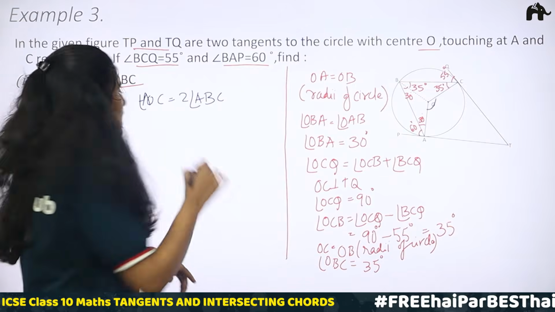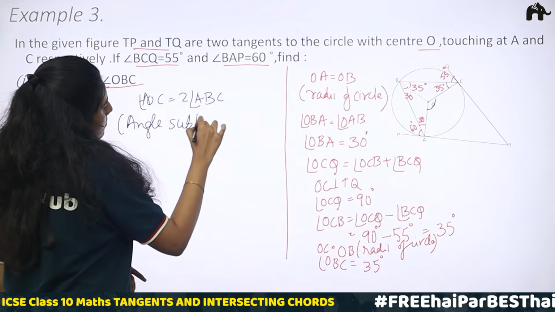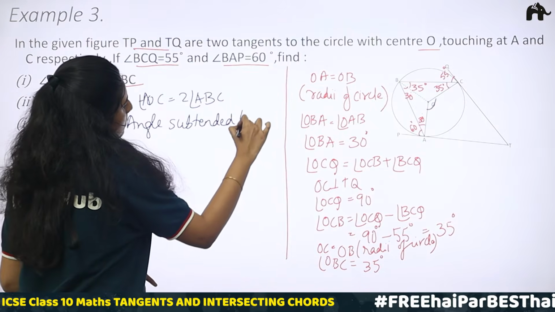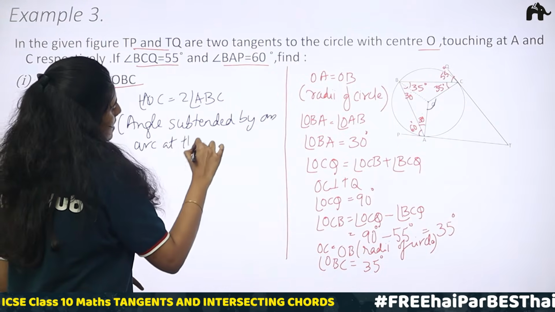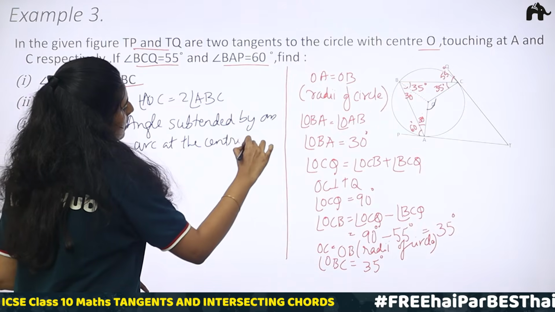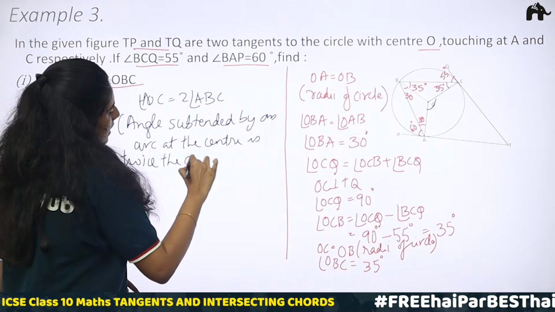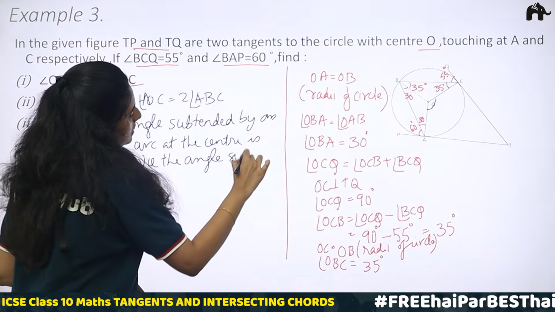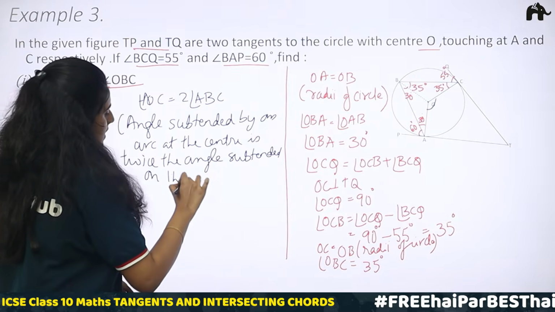What is the reason? Angle subtended by an arc at the center is twice the angle subtended on the circumference.